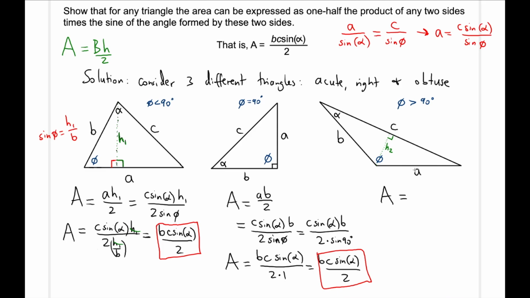So we can just write C times H2, because base times height, the height is perpendicular to the base. You can draw it that way from this vertex, for which the phi angle is responsible. You can draw an altitude, or a height, that is going to be directly perpendicular to C. So the area is going to be the base times height, C times H2 divided by 2.